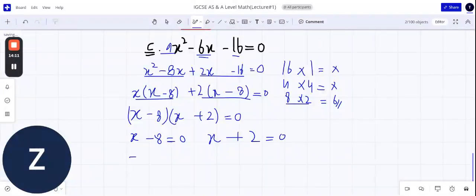Again, we have to find the value of x and shift the constant to the right side of the equal sign, but the signs will change. Minus will change into plus and plus will change into minus. So our result of this is x equals 8 and negative 2.